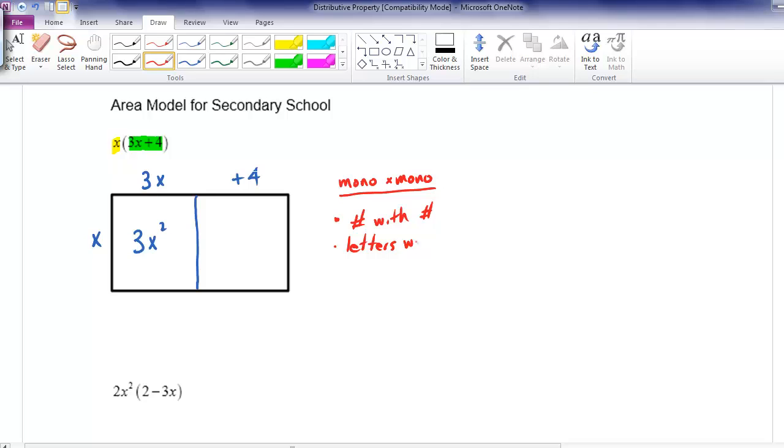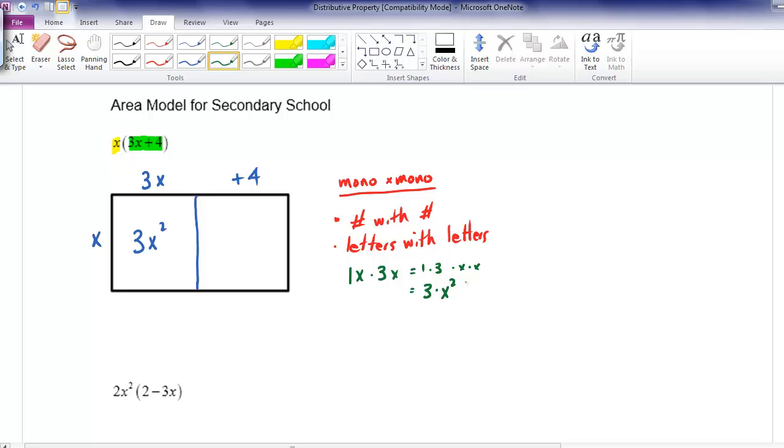So I did this in my head, and I'm sure you guys can do it in your head. But when I figured out 3x squared, I multiplied 1 times 3. So in the example, we have 1x times 3x. Well, really what I did is I went 1 times 3 and x times x. And there's where we get our 3x squared.